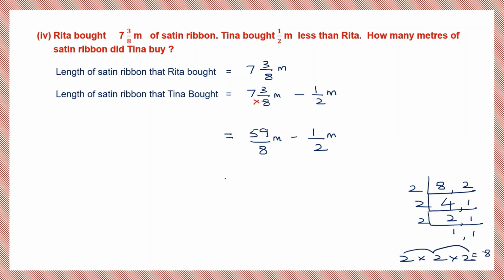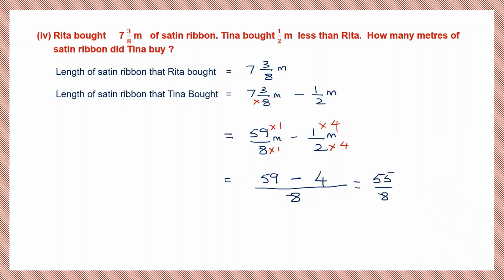So we'll use 8 as the common denominator here, and get the new numerators. 8 1s are 8, so 59 into 1. So that is 59 minus, 2 into 4 is 8, so 1 into 4 is 4. So here we have 59 minus 4, which is 55 by 8.